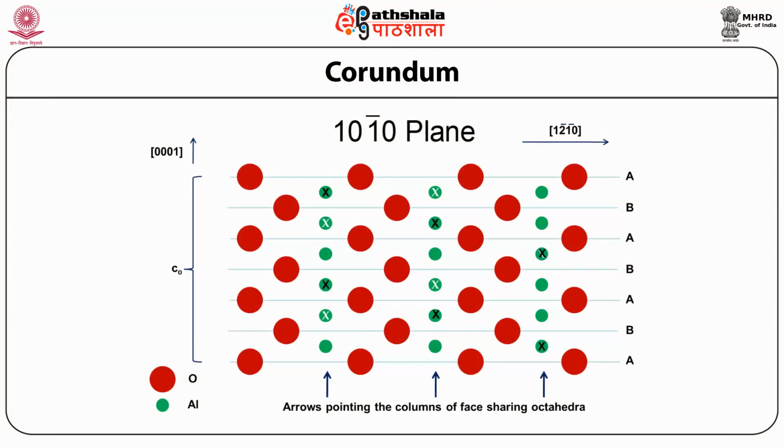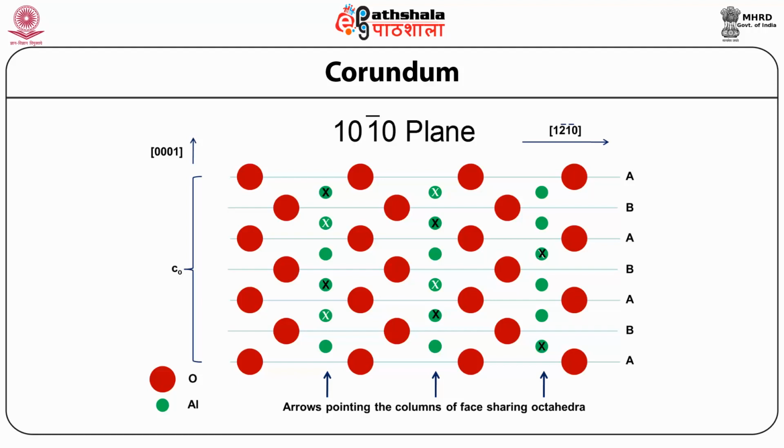So students, you can see a view of 101 bar 0 plane of corundum, where you can see the arrangement of atoms of oxygen as well as aluminium. In this case, the arrangement of atoms is AB, AB, AB and so on.